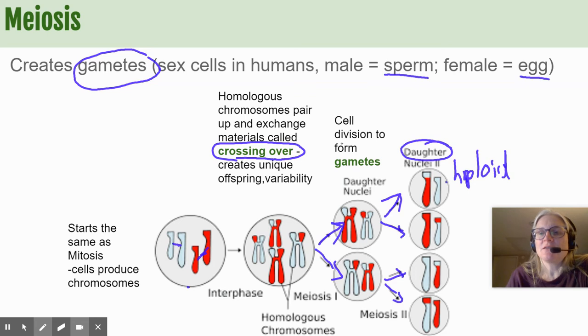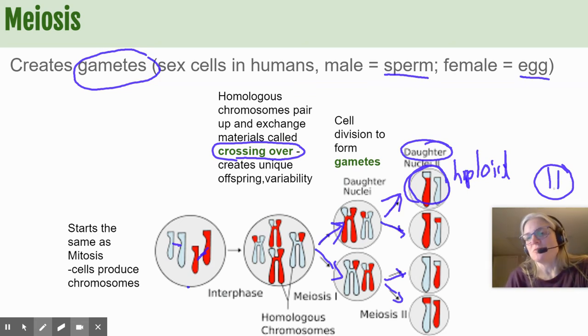This is because this, let's call it an egg cell, is going to combine with a sperm cell, which has another half of the chromosomes, and then together they're going to bring all the complement of chromosomes together so that you have a diploid cell. But you don't want to start with a diploid, or you'll end up with a diploid and a diploid, and you'll have way too many chromosomes in a cell.